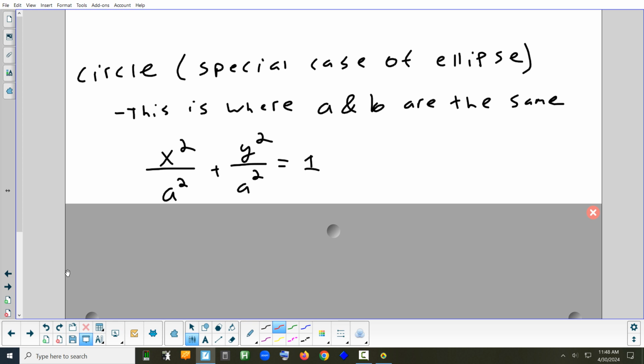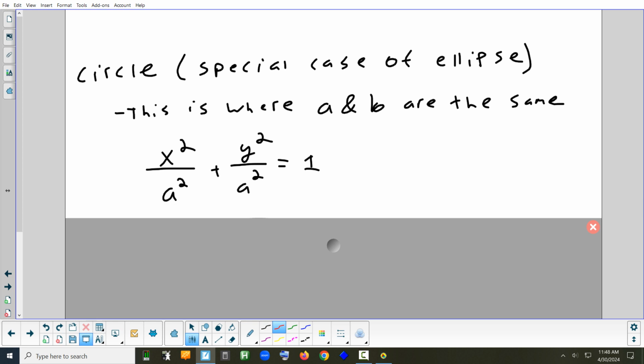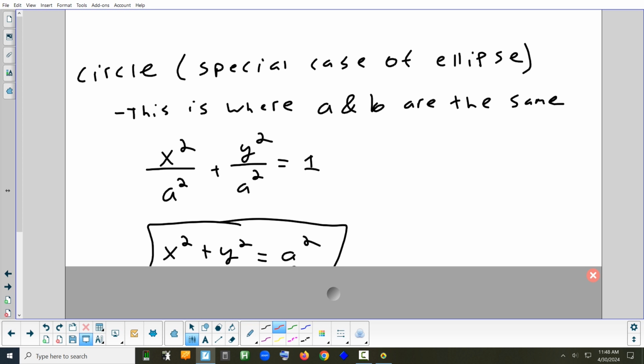Now, because these 2 letters are the same in a circle, you usually see this letter move to the other side. How would you move both these a squareds to the right side? Yeah. Multiply both sides by a squared. Yep. Get rid of the a squareds on the left side, and it would put it on the right side. So you'd have x squared plus y squared equals a squared.